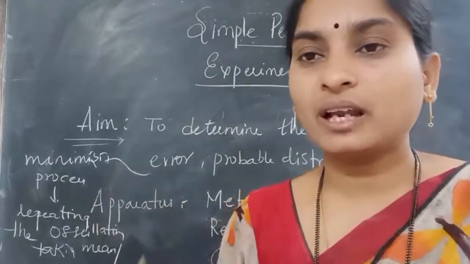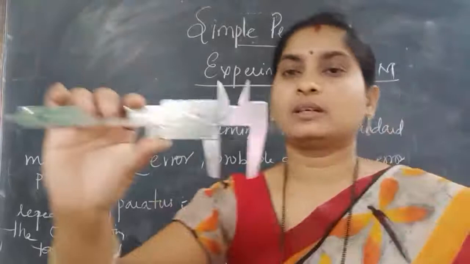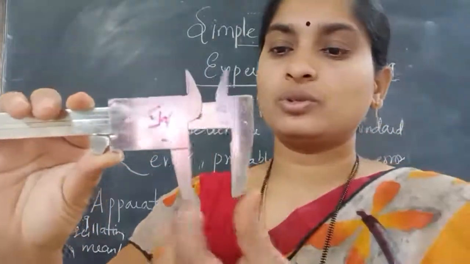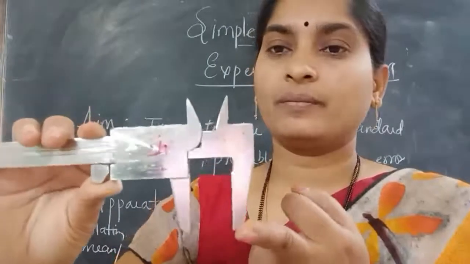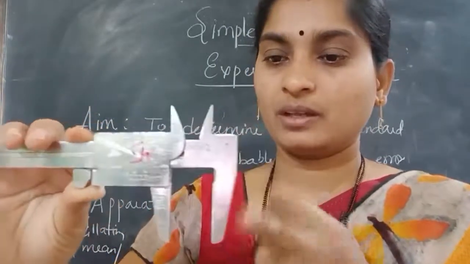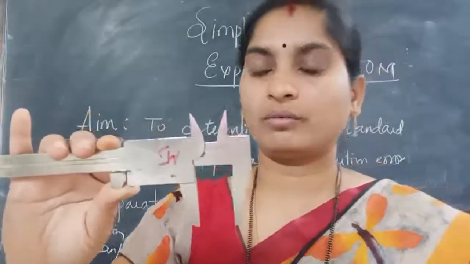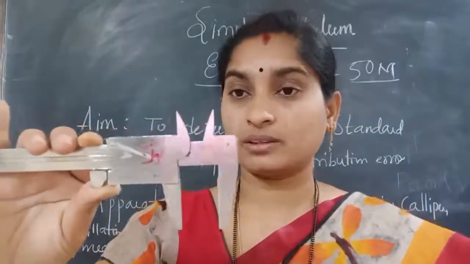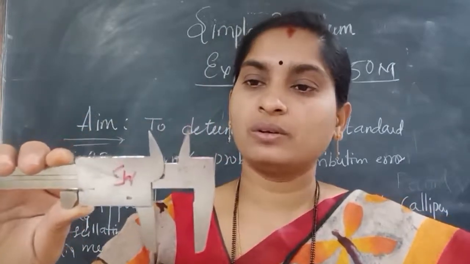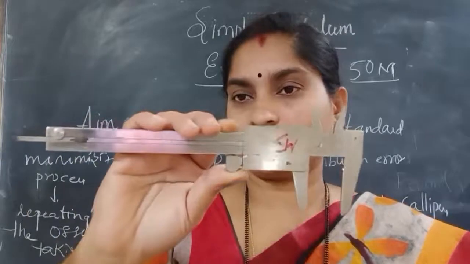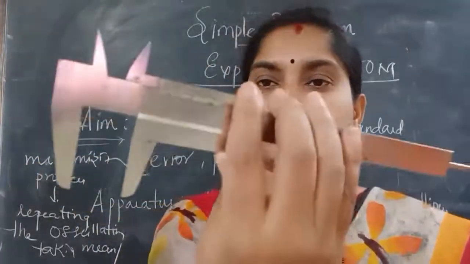And how do we calculate least count? Let us discuss. Here you can see two jaws, lower jaw and upper jaw. You can calculate the length or value of a particular object with the upper and lower jaws of the vernier calipers. This is vernier calipers.